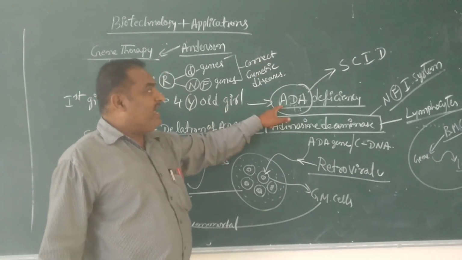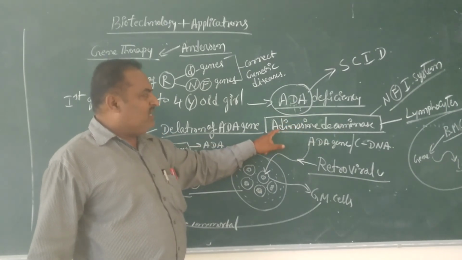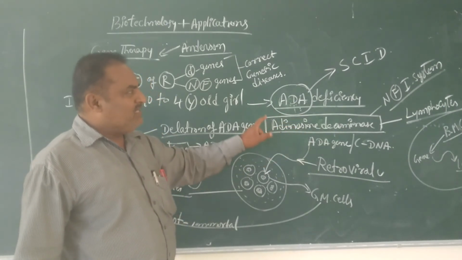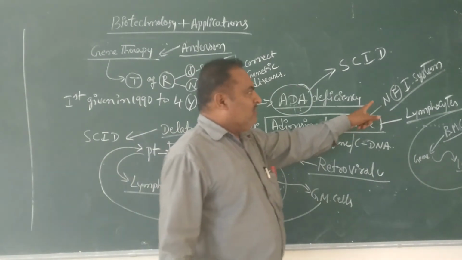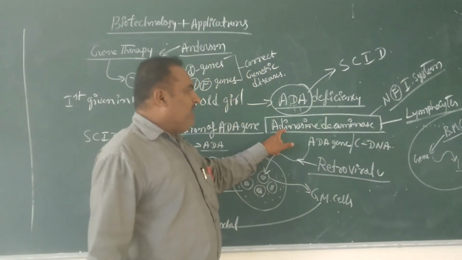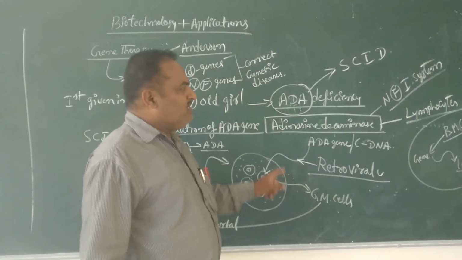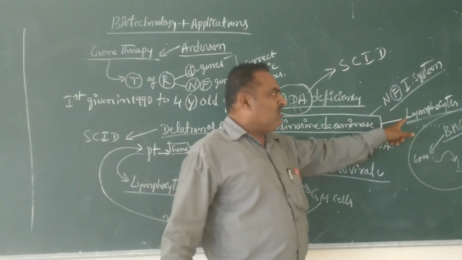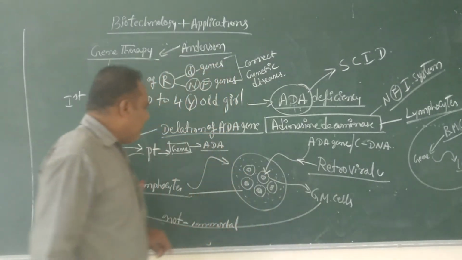The ADA enzyme, adenosine deaminase, is very necessary for the normal functioning of the immune system. This enzyme is necessary for the functioning of lymphocytes.